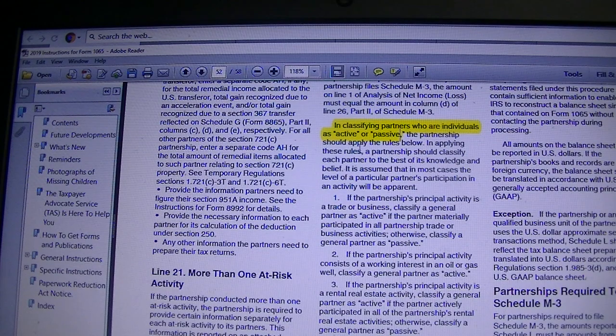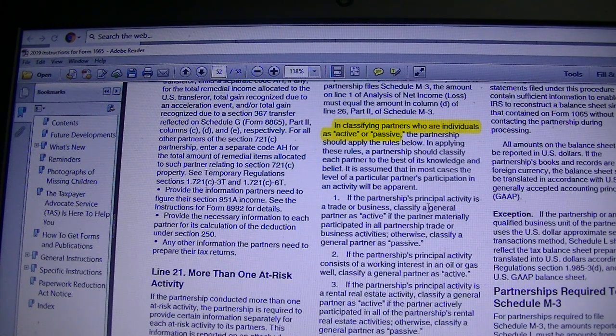The partnership should apply the rule below. In applying those rules, a partnership should classify each partner to the best of its knowledge and belief. It is assumed that in most cases, the level of a particular partner's participation in an activity will be apparent.